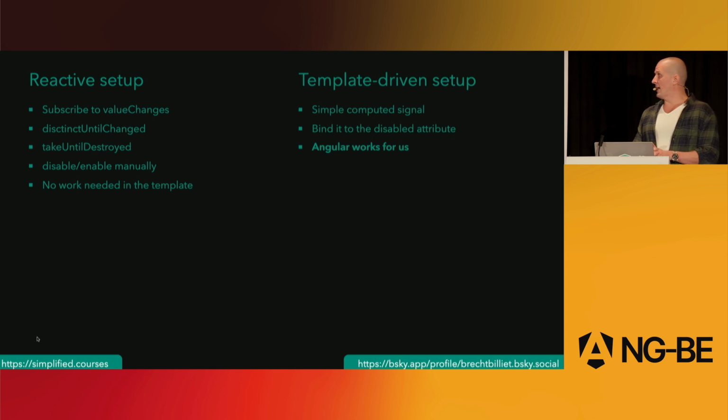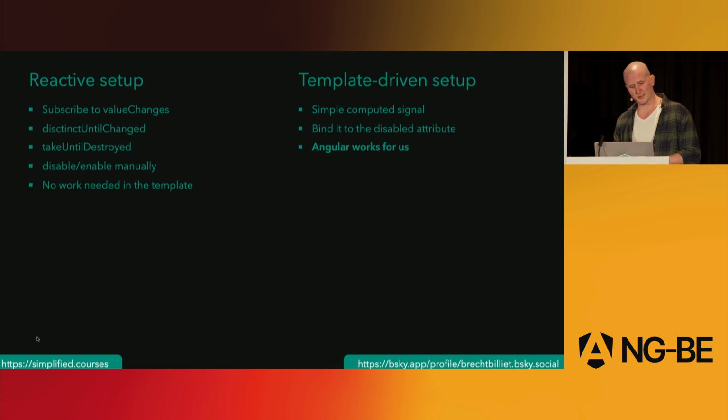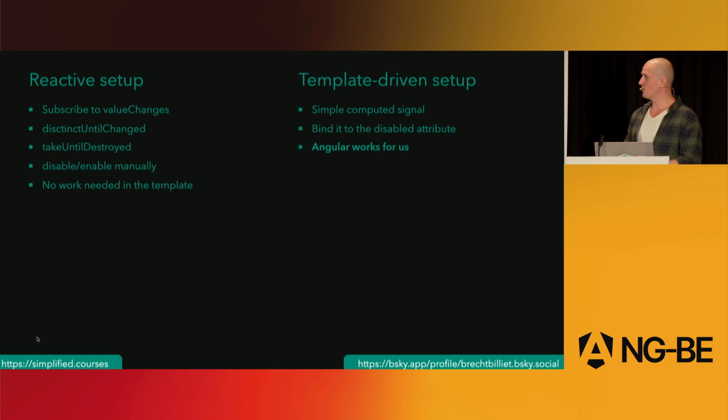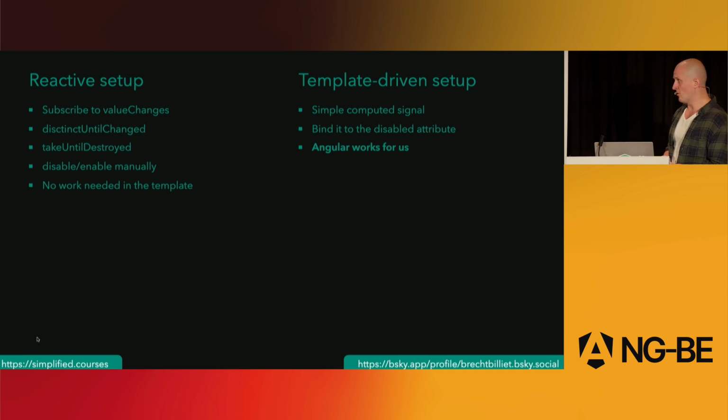So again, for the reactive setup, we have to subscribe, we have to distinct, you have to manually disable, enable. But why do we use a framework if we don't let it work for us, right? I like the fact that Angular knows how to disable things automatically by a simple computed signal.